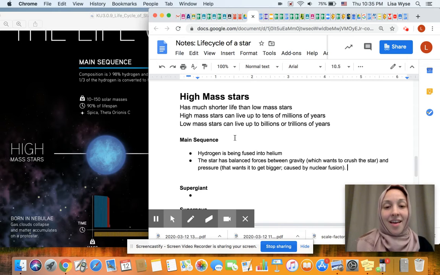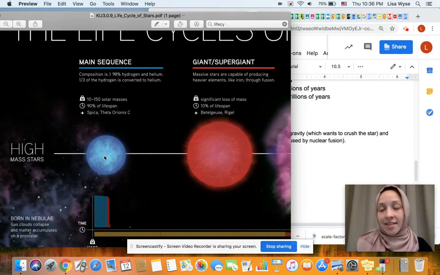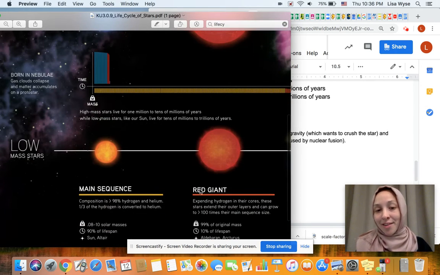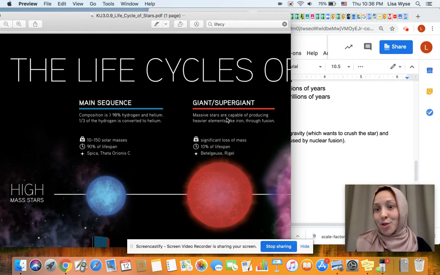After it uses up all its hydrogen, just like the low mass star, it becomes a giant. Because this was already a giant, now we're going to call it a supergiant. The low mass star, we called a red giant. For the high mass star, we're going to call it a supergiant because it is just so big.